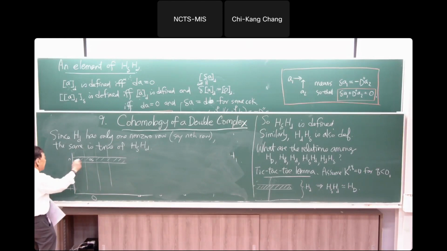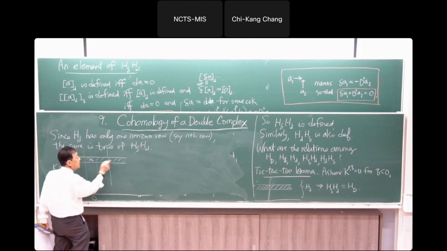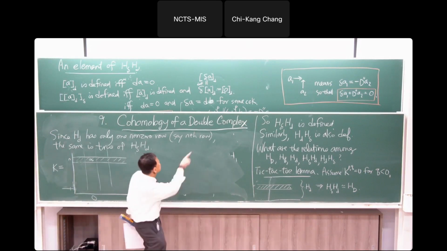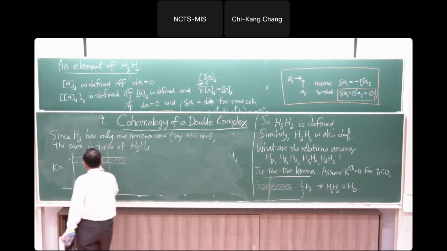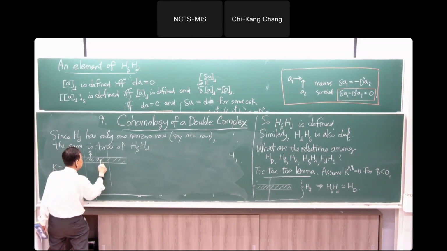And I'm going to let this be a picture of K, all right? So in K, if you start with an element of H delta HD, then it's represented by a zigzag. So this goes up to 0, and then you have a picture like this.